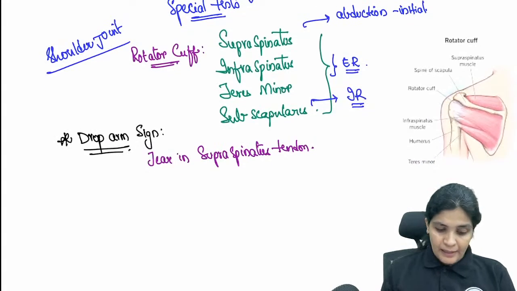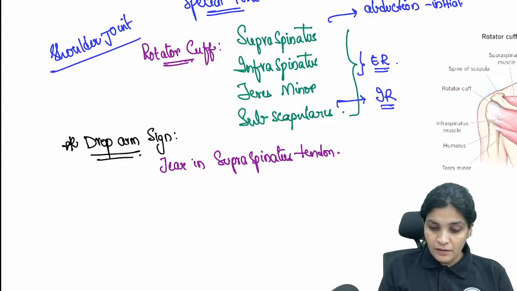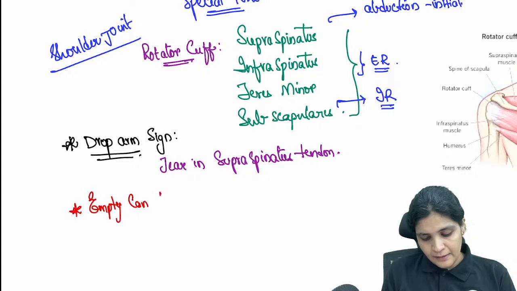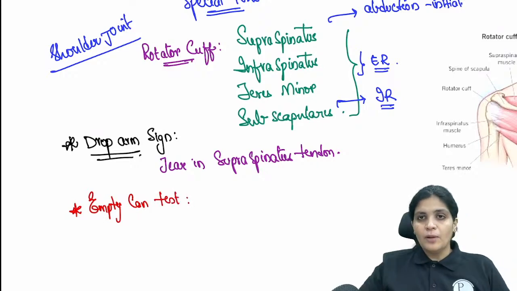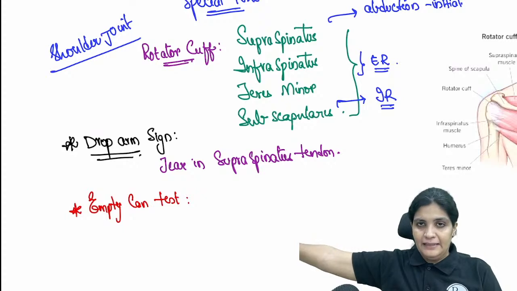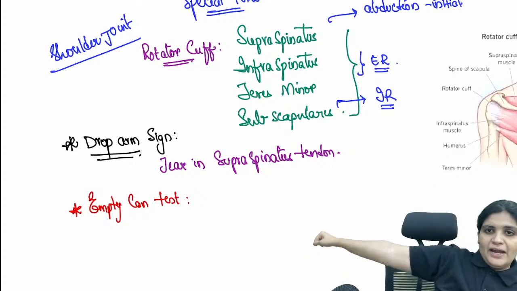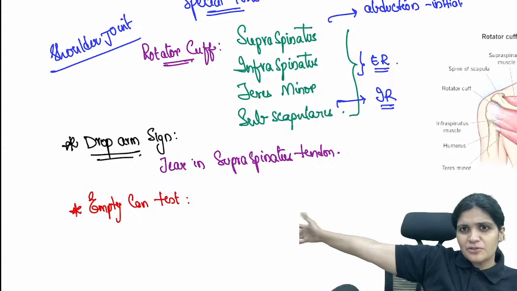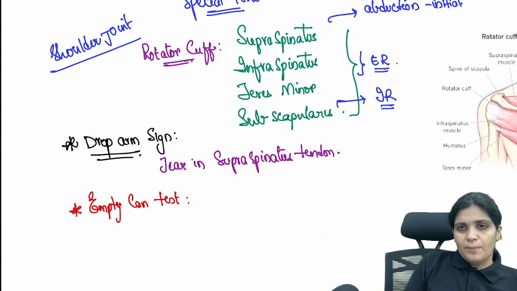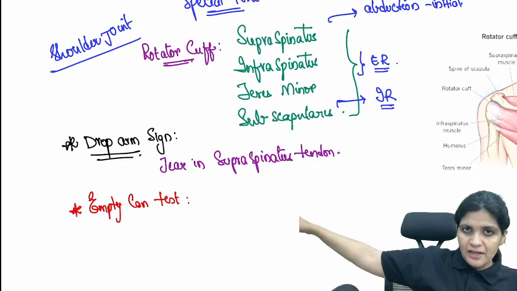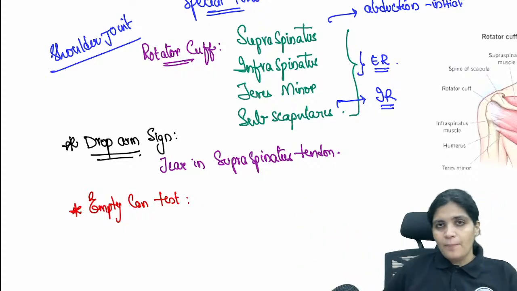Drop arm is nothing but asking the patient to hold the hand in the air like this. If the patient is unable to hold the hand for maybe 15 to 20 seconds and then it drops, because the supraspinatus tear is there and they are unable to hold the hand, this is called the drop arm sign.